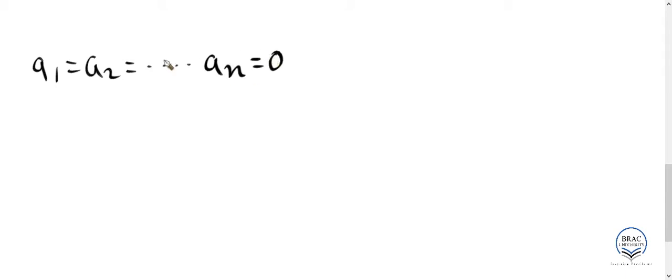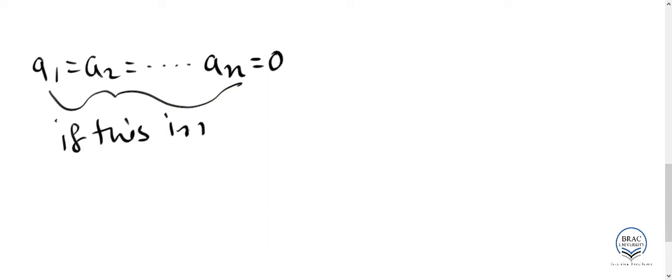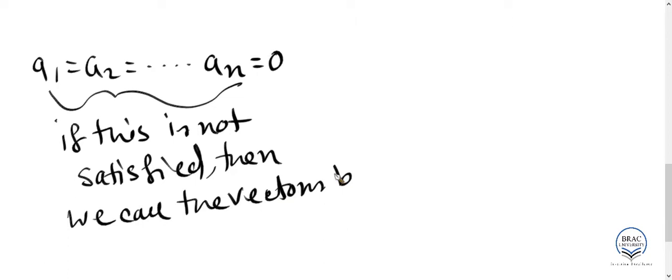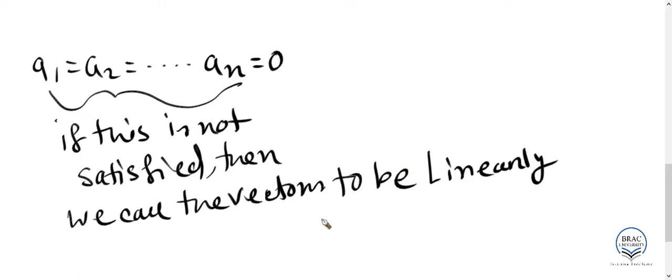If this is not satisfied, then we call the vectors linearly dependent.